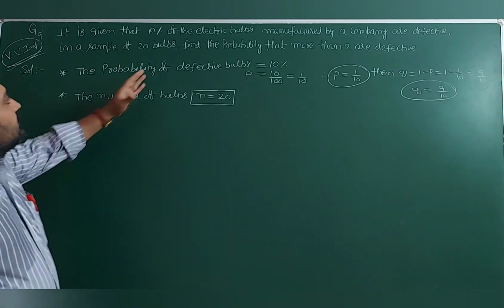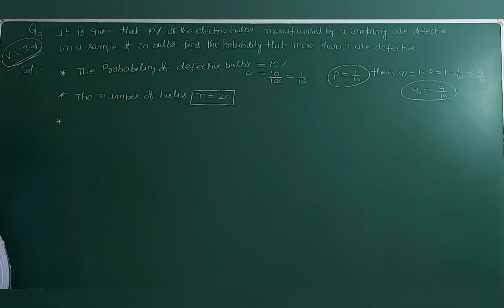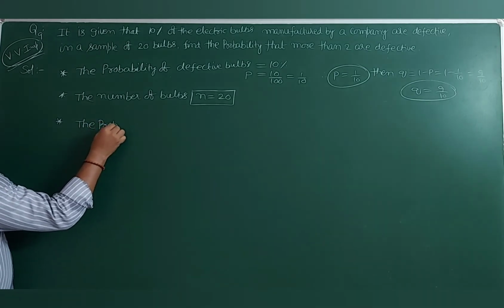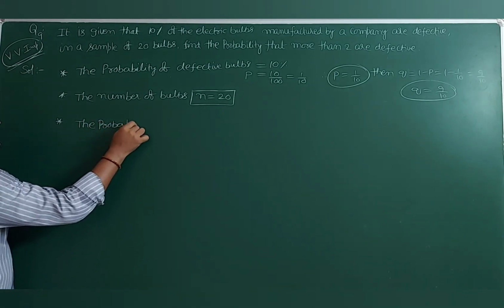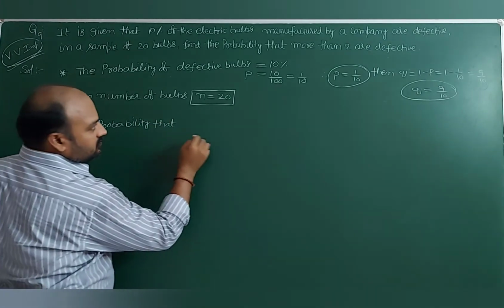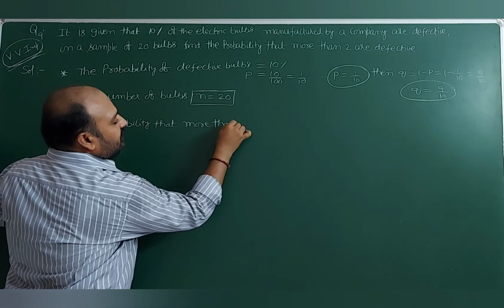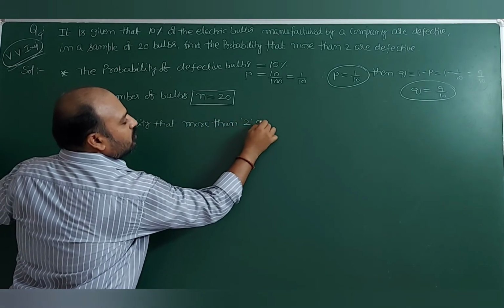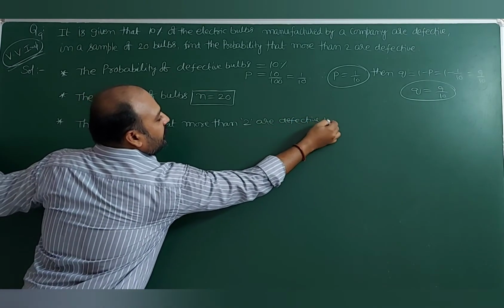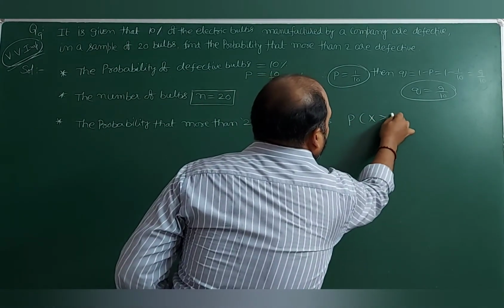So they are asking, find the probability that more than 2 are defective. The probability that more than 2 are defective is probability of X greater than 2.